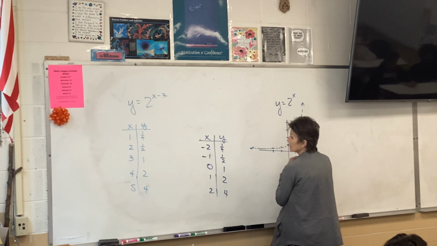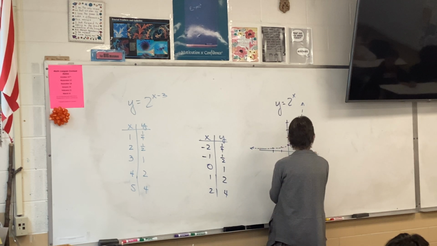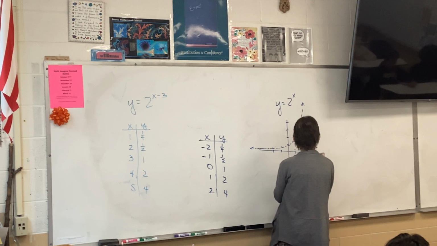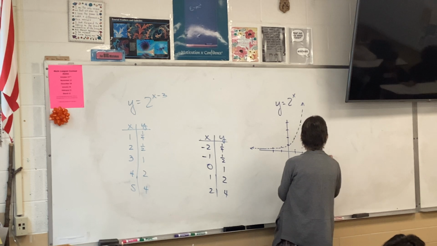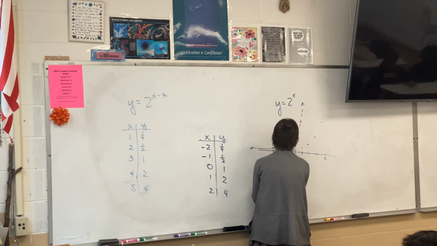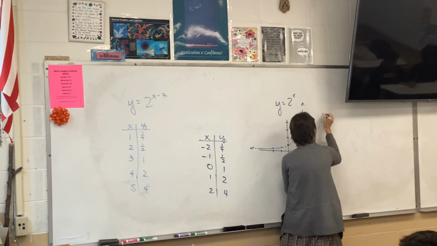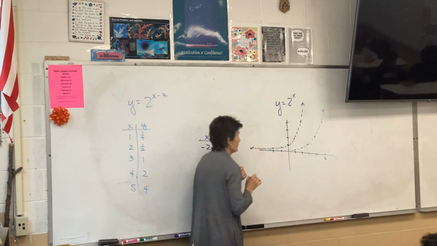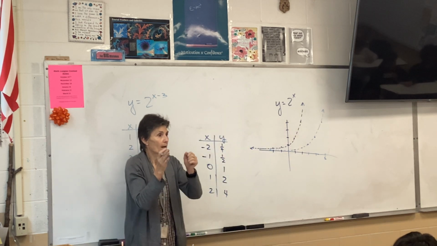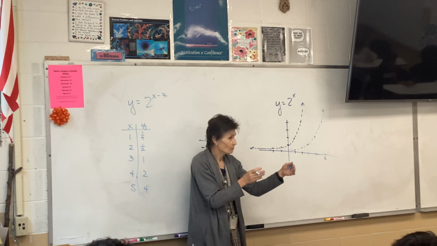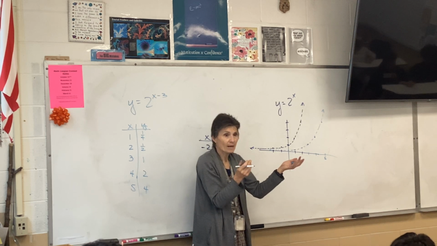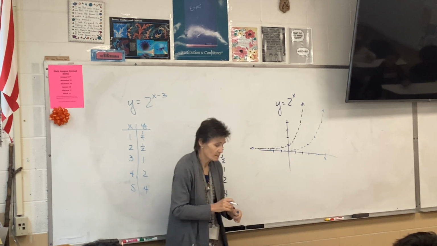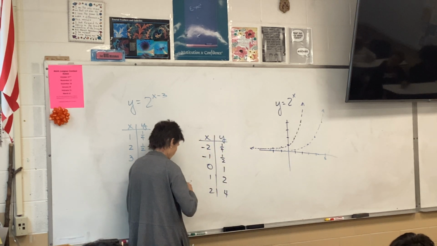So (1, 1/4), (2, 1/2), (3, 1), (4, 2), and (5, 4). What happened? I picked it up and moved it 3 units to the right. Does that make sense to you? That's what happened. Just moved it 3 units to the right. Okay.